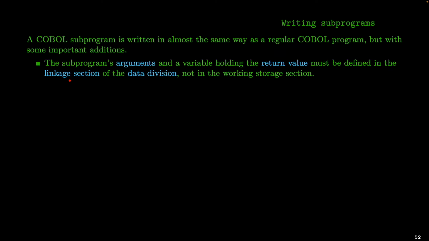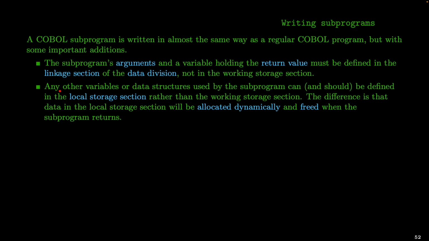The arguments that are handed from the main program and the return value that is handed back to the main program. Any other variables or data structures that you will use in the subprogram, but not necessarily hand back to the main program or take as arguments from the main program, can be defined in the local storage section, and they should be defined there ideally, rather than in the working storage section.